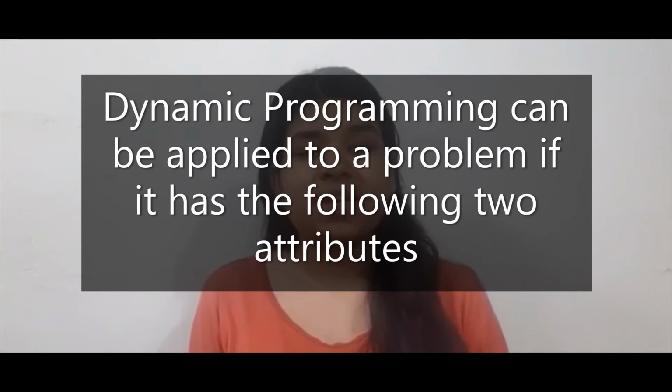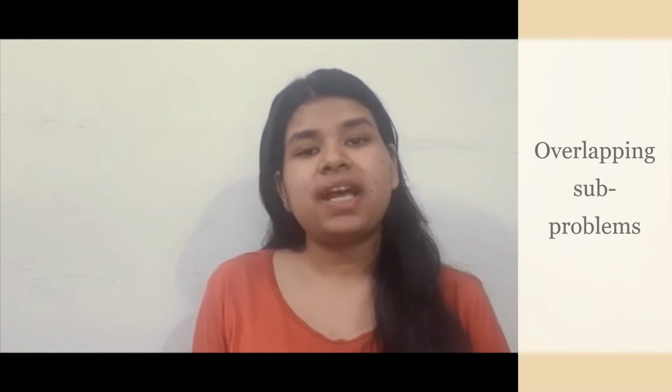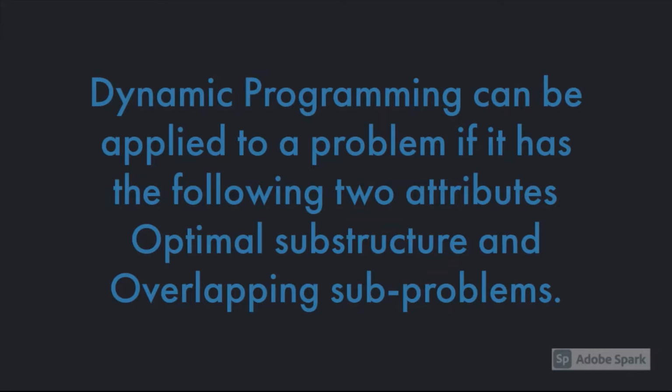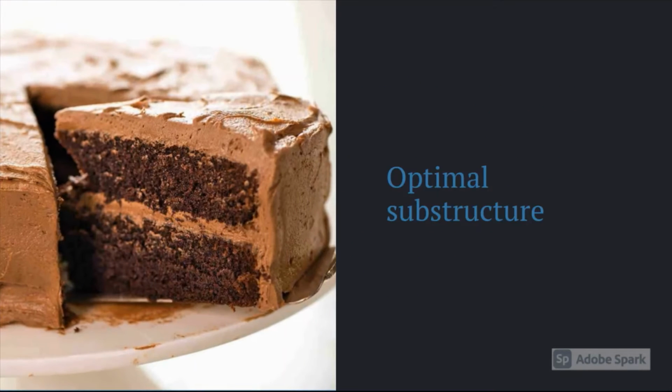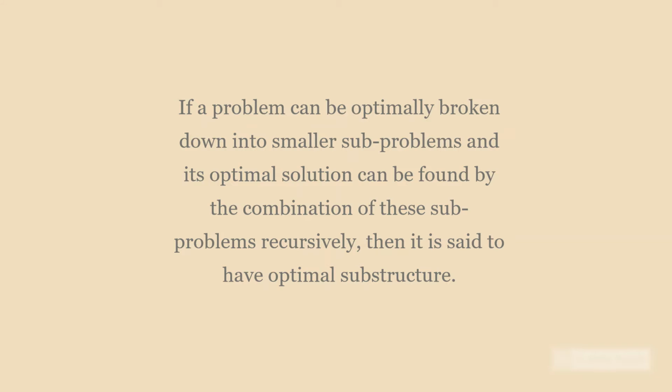Dynamic programming can be applied to a problem if it has the following two attributes: optimal substructure and overlapping subproblems. If a problem can be optimally broken down into smaller subproblems and its optimal solution can be found by the combination of these subproblems recursively, then it is said to have optimal substructure.